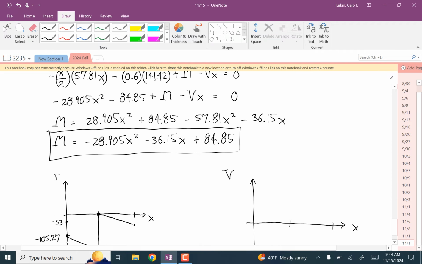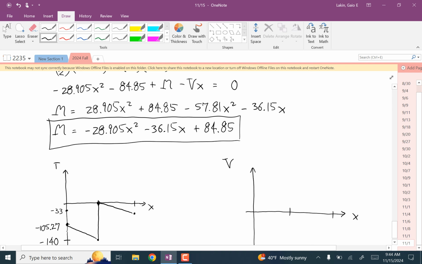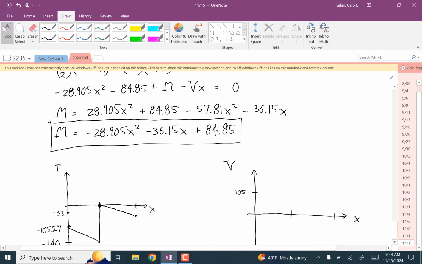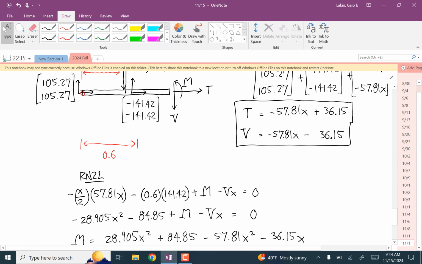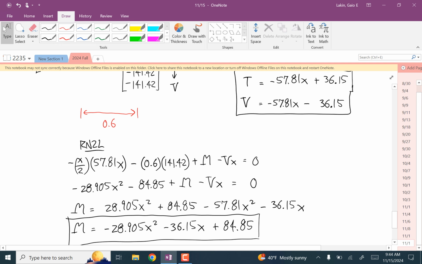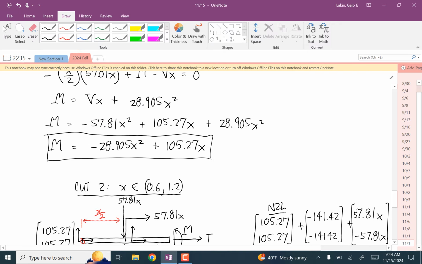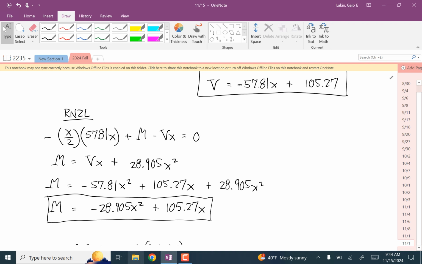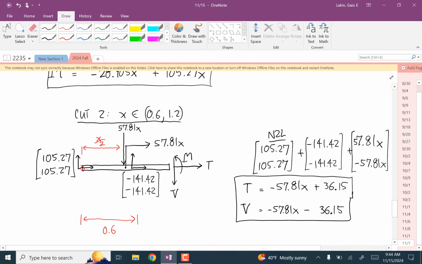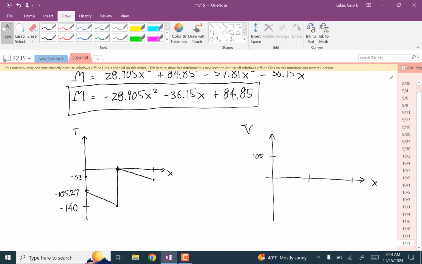So this one starts at positive 105 and then goes down to 70.71, from here to here.